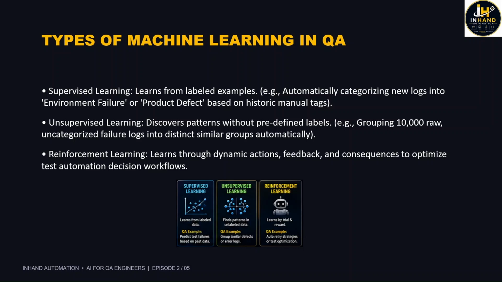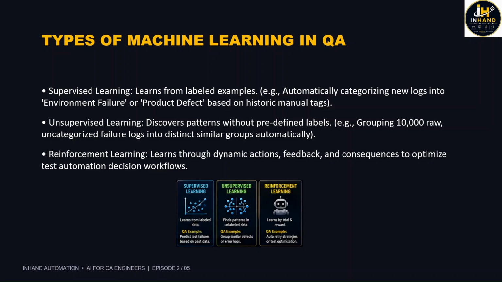It learns from these labeled examples, and later Rahul gives it a new test failure. The system predicts this looks like an environment failure. That is the basic idea behind supervised learning. Supervised learning learns from examples where the expected answer or label is already available. So that's what supervised learning is.